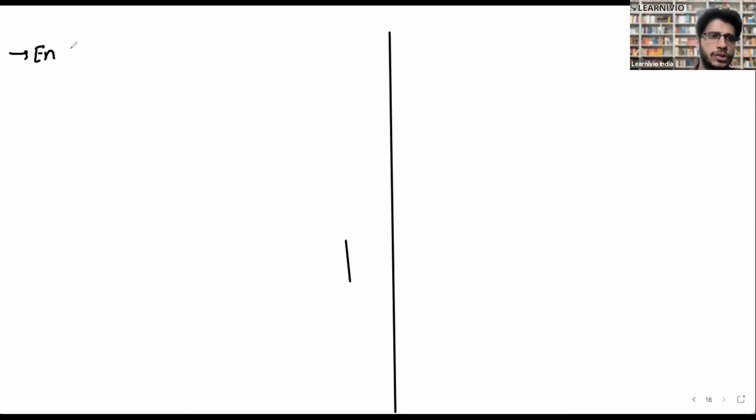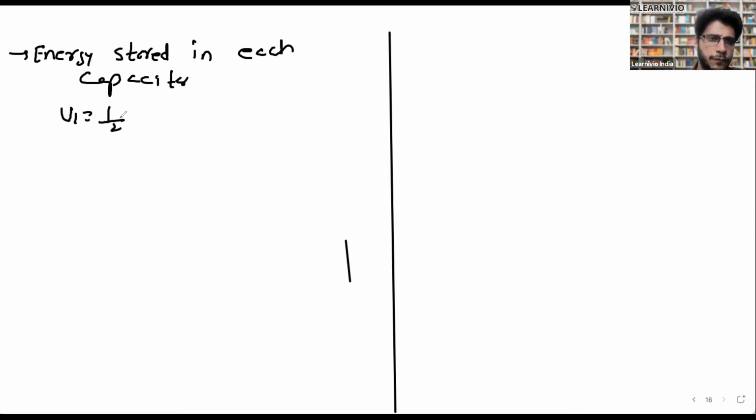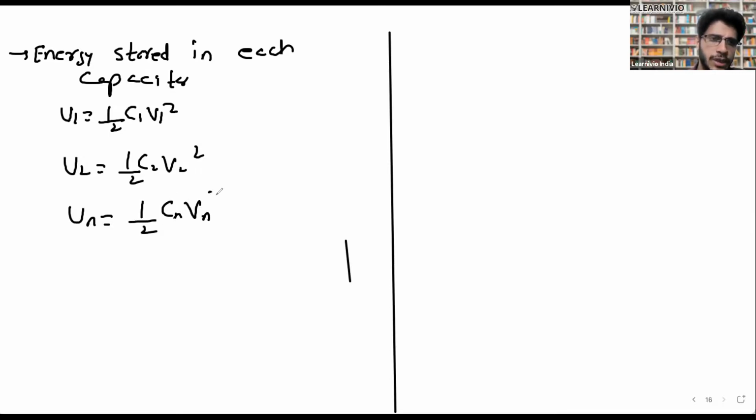Energy stored in each capacitor: U1 is half C1 V1 square. U2 is half C2 V2 square. Or you can write Un as half Cn Vn square.